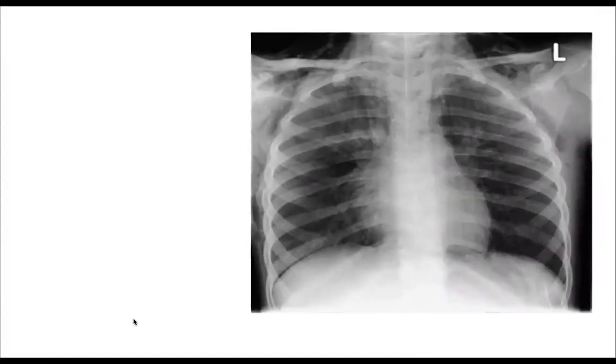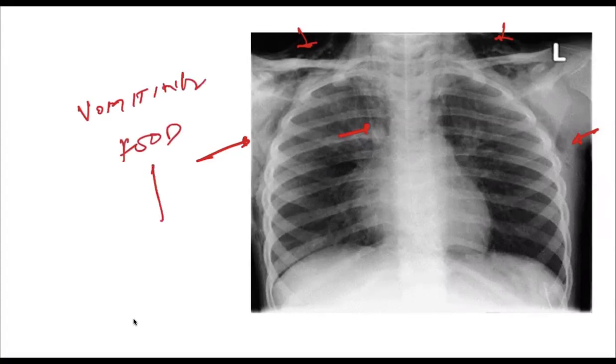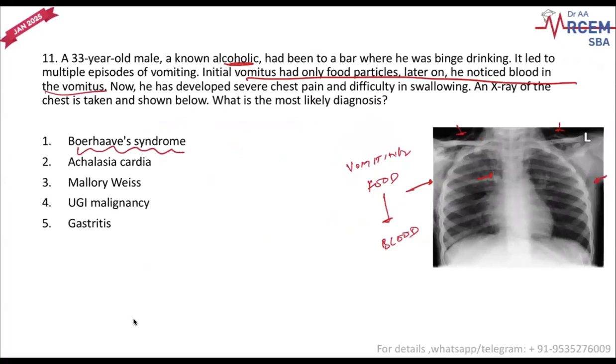So what is the finding on the X-ray? Mediastinum looks fine to me, but I can see air here in the soft tissue. Air in the soft tissue, with the classical history where initial vomiting had only food, then later was associated with blood, is suggestive of a ruptured esophagus, also known as Boerhaave syndrome. If the esophagus gets ruptured, air also comes out of the esophagus, resulting in subcutaneous emphysema.